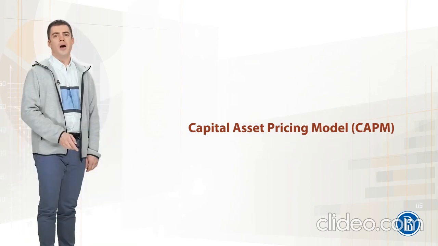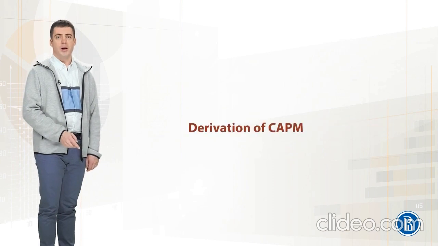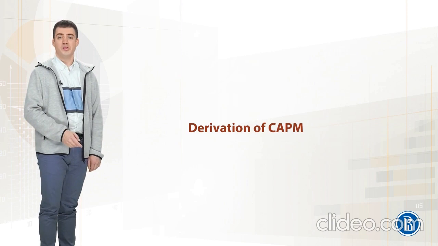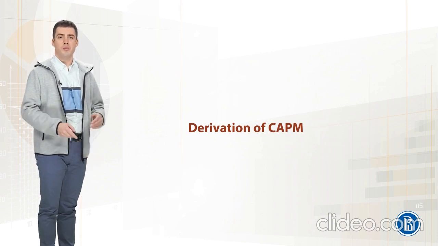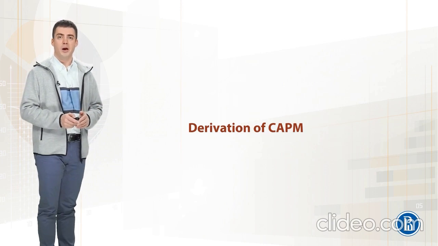At the beginning of our lecture, we'll formally derive the capital asset pricing model based on the Markowitz model, and then we'll talk about the key theoretical implications of the CAPM.